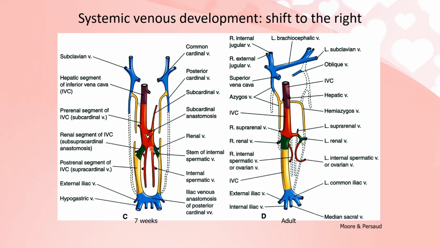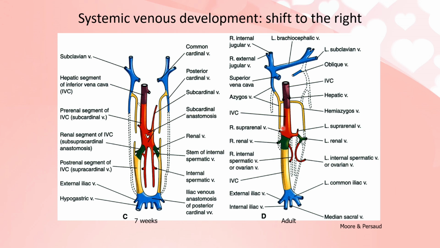Similarly, this one is the supracardinal vein, and the anterior cardinal also disappears in this region. So this anastomotic channel is lost, and this supracardinal vein then forms the hemiazygous vein and the azygous vein.